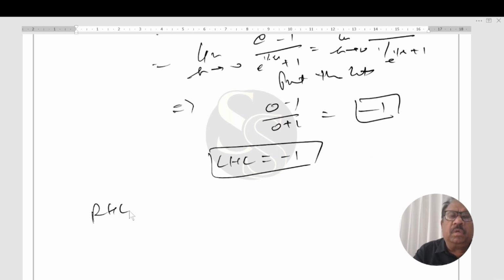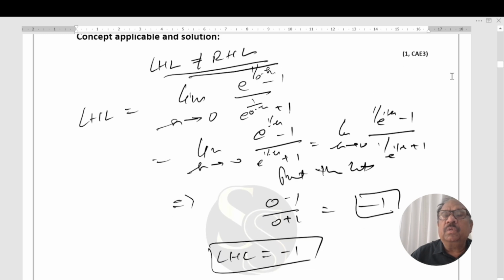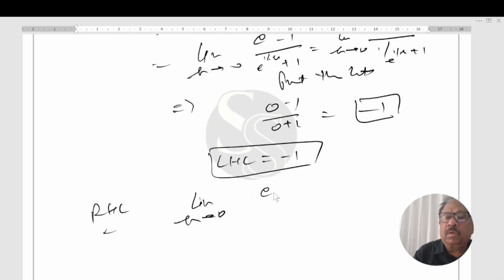Right hand limit, what will it be? Limit x tends to 0 of (e to the power 1 over (0 plus h) minus 1) upon (e to the power 1 over (0 plus h) plus 1).